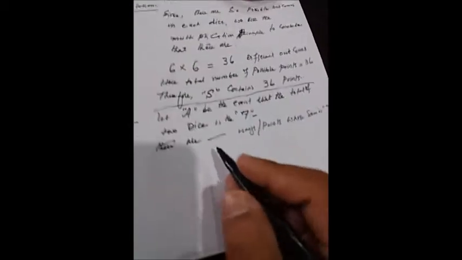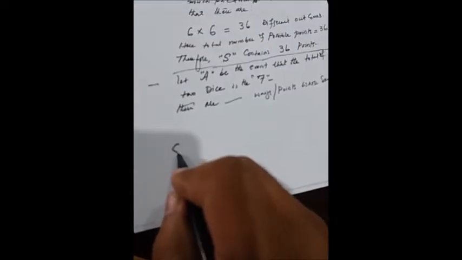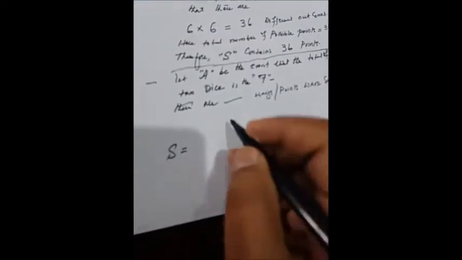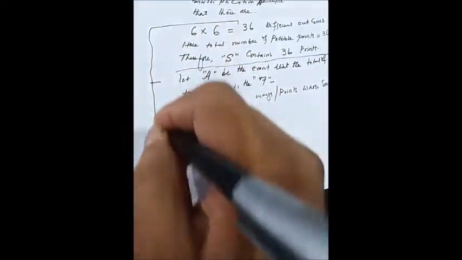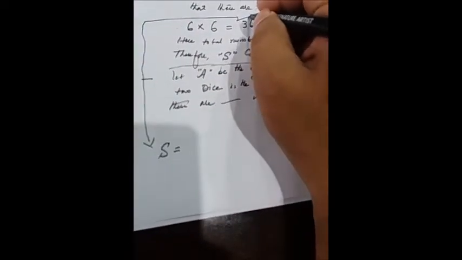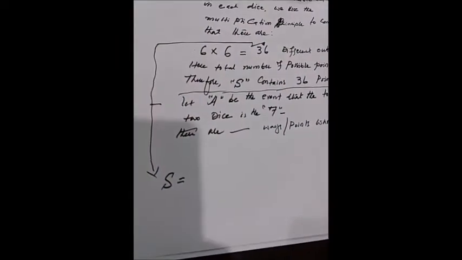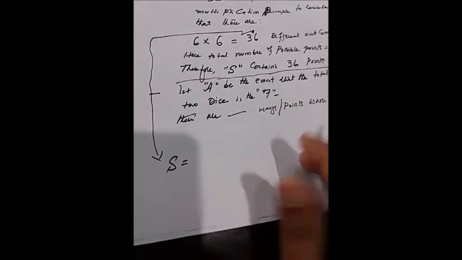Okay. As we know, the sample space is 36. So how can 36 be obtained?